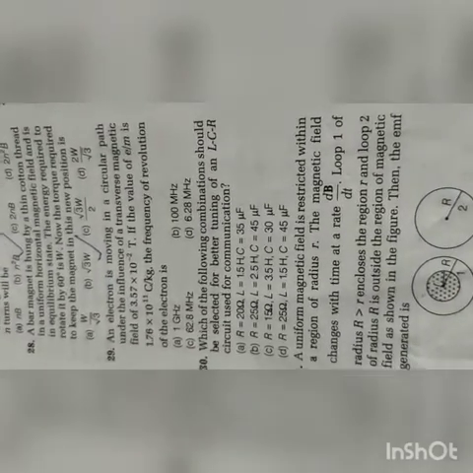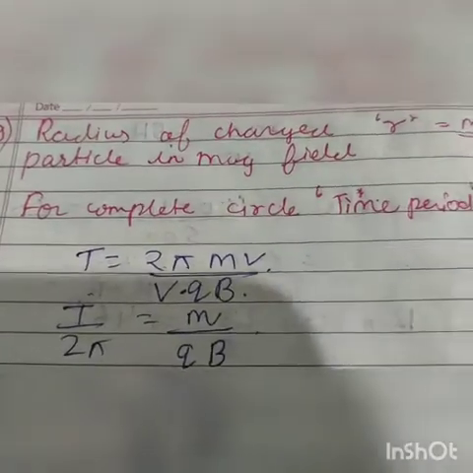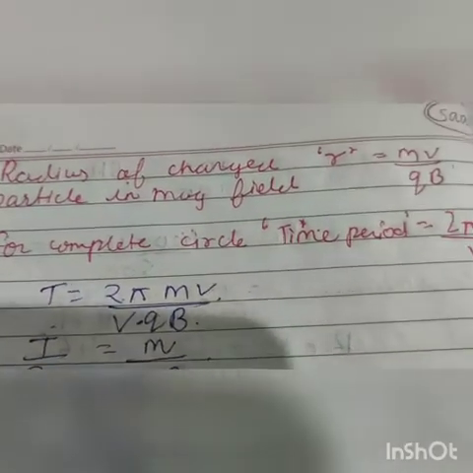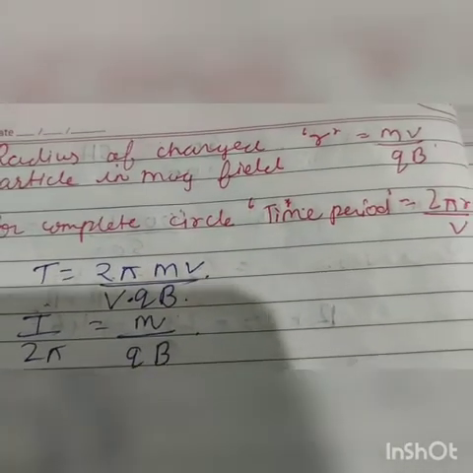Now question number 29. An electron is moving in a circular path under the influence of a transverse magnetic field of 3.57 into 10 to the power minus 2 Tesla. If the value of e by m is 1.76 into 10 to the power 11 Coulomb per kg, the frequency of revolution of the electron is? As we know, the radius of a charged particle in a magnetic field is r equal to mv by qB.